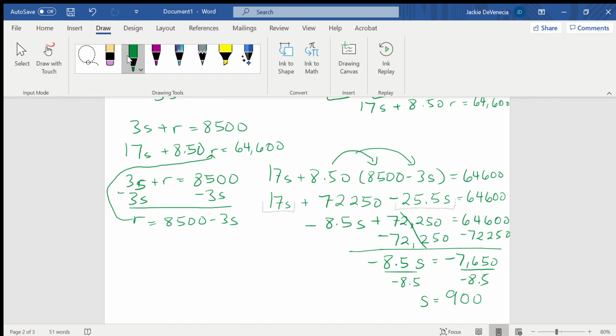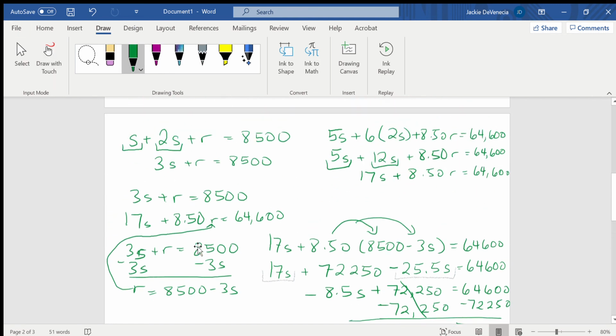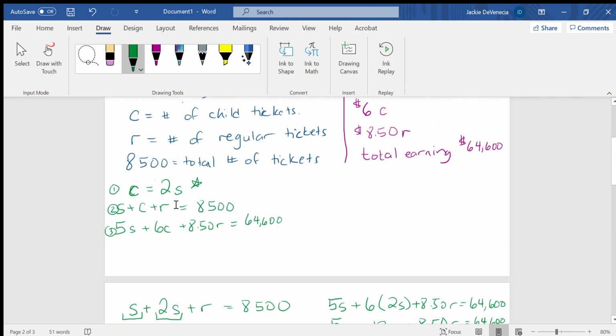And now that we have S, this is our key right over here. Now that we have this, we can go ahead to our original 3 equations and start plugging them in. So let's just recap, right? We just found that S is equal to 900. So we can plug this into this question right over here.